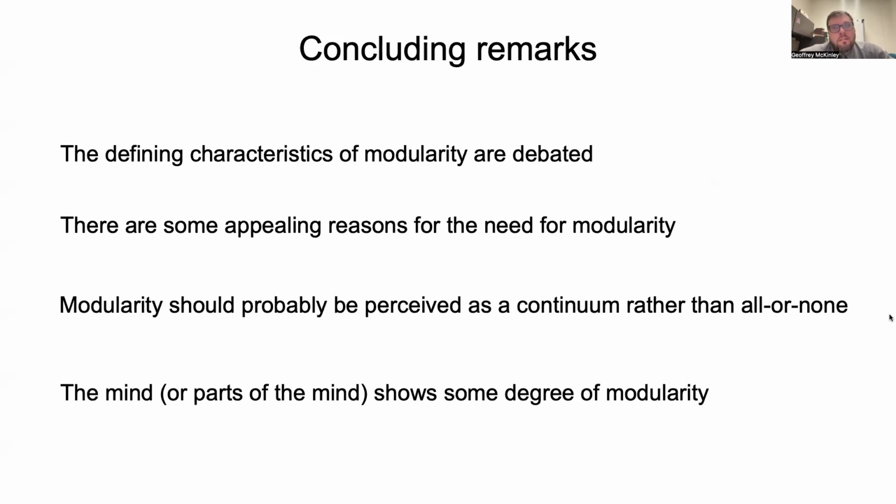Everybody, or at least a lot of people, agrees that informational encapsulation is really important. But what people rank as more important for something to be modular, there's a little bit of wiggle room and debate. And as I pointed out, there are some appealing reasons why evolution might select for some sort of modular system.